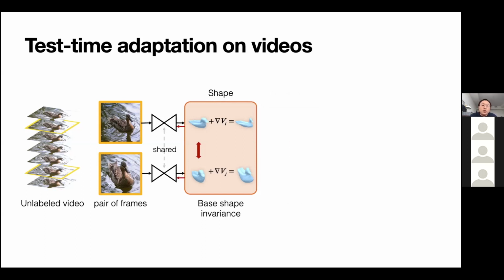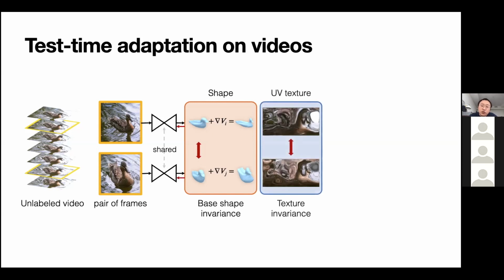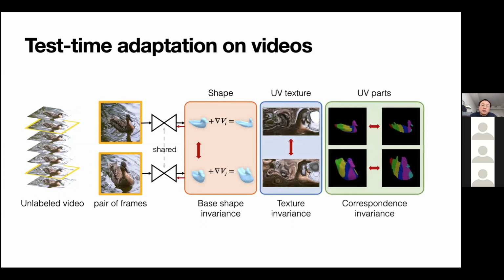The second one is the texture flow map. No matter how the shape and viewpoint of the object changes, the texture flow from the 2D image space to the UV space should be the same as always. The last one is the most important one here. It is the part consistency. We should still find the correspondence between the same part across time.